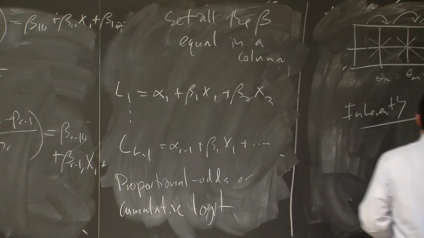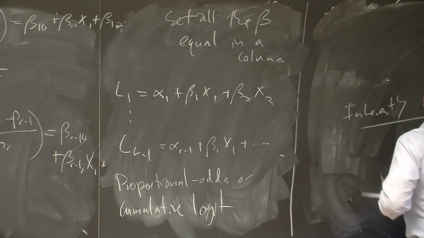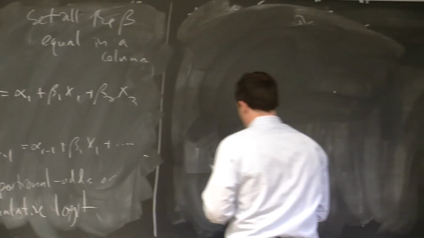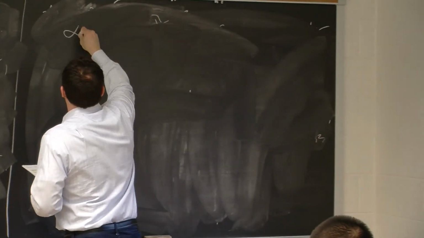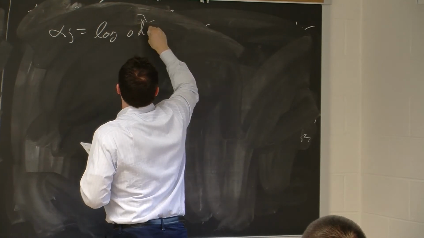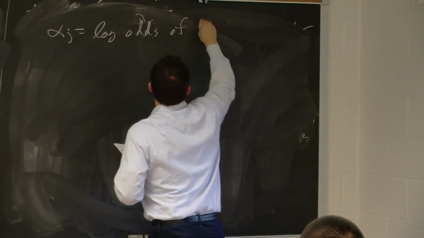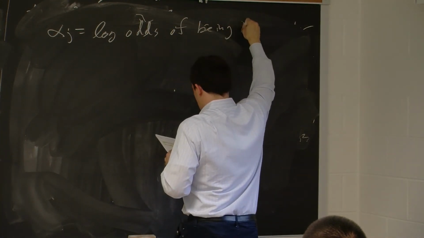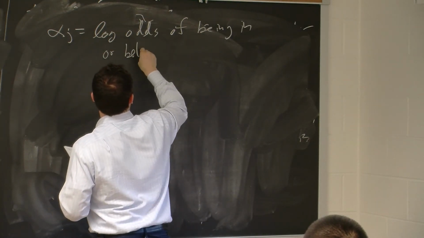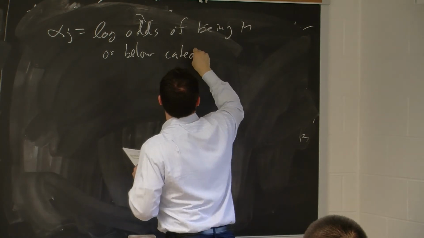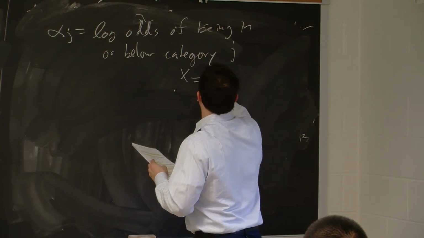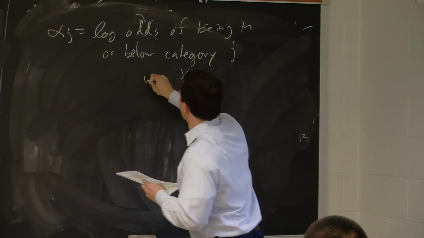So let's try to think about what it means. Alpha j is the log odds of being in or below category j for my outcome y when all the xi's are 0.